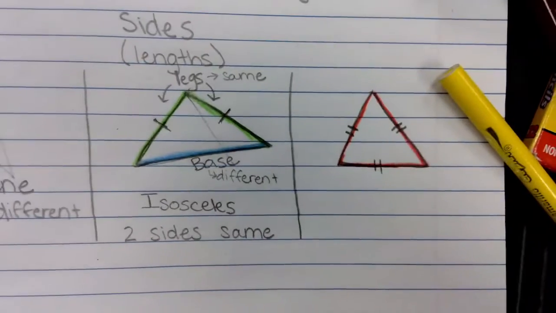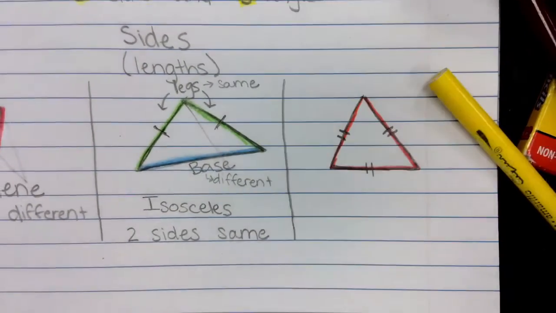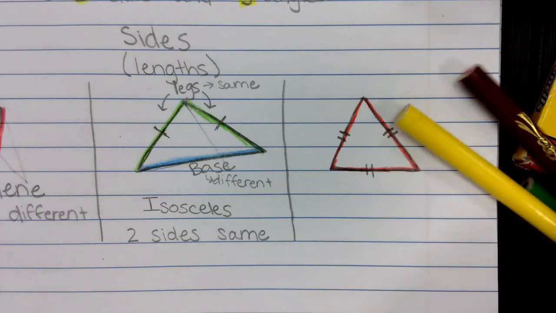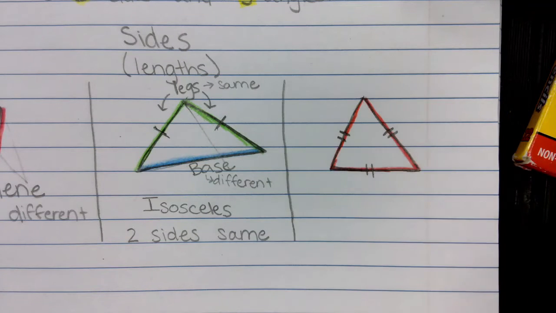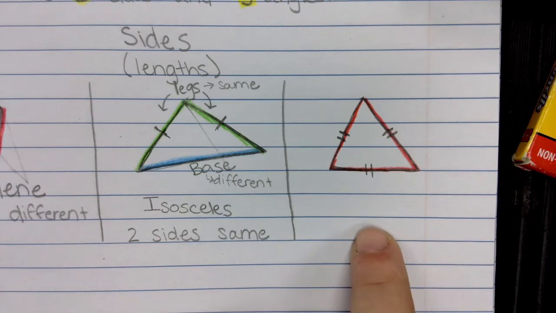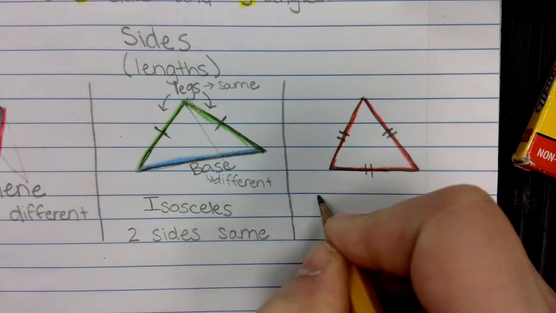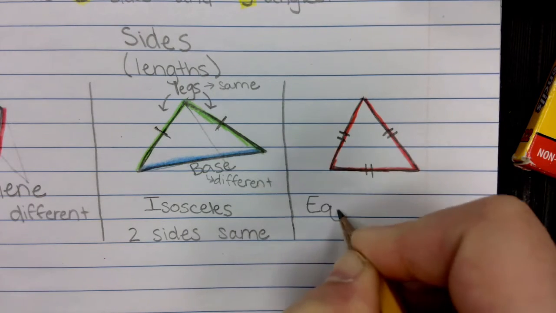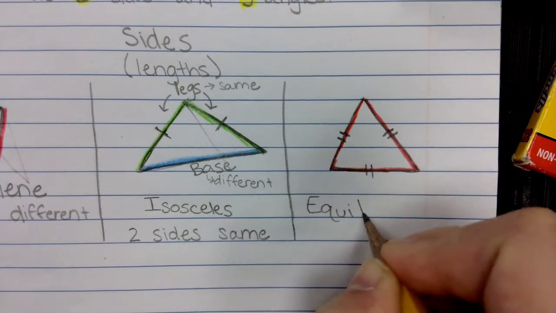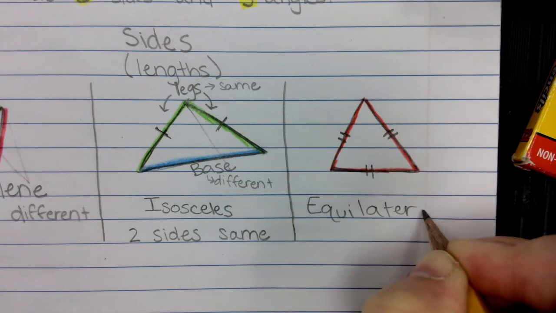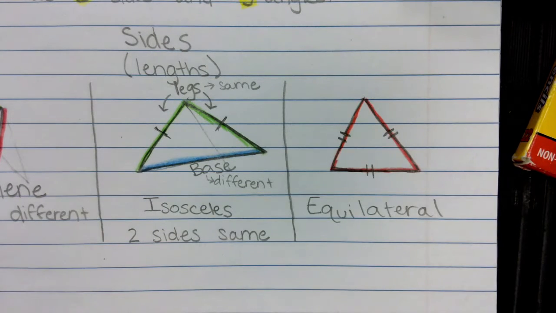Alright, now, for this one, I don't think it's Greek, because we use some bases. I don't know what the bases are, as far as their origin. But this one we call an equilateral. And in an equilateral, there is definitely a base, and there is a prefix. What is the prefix in equilateral?